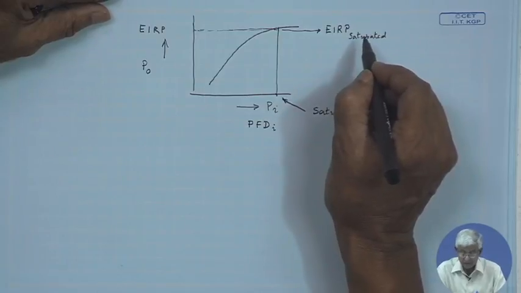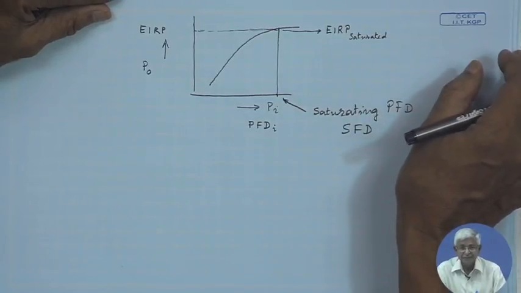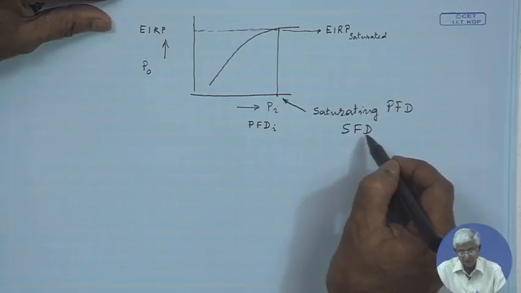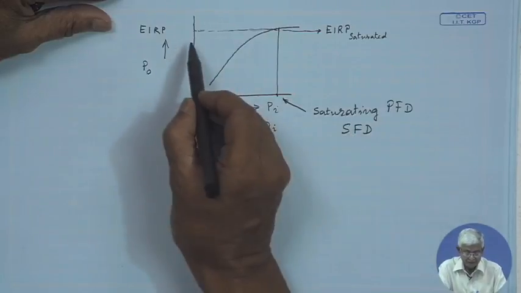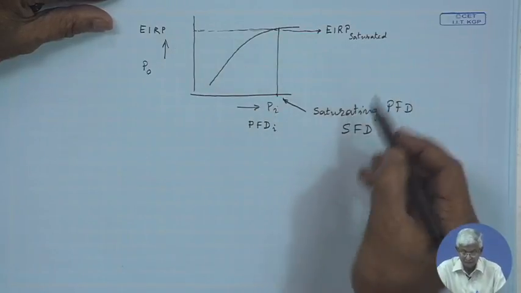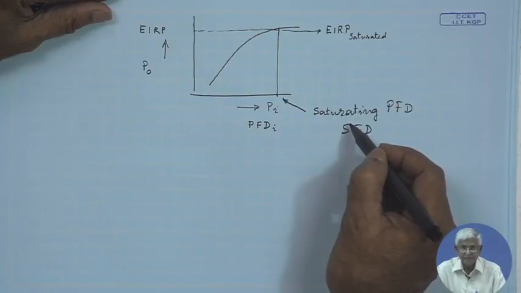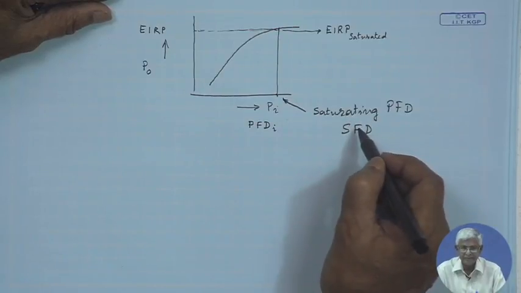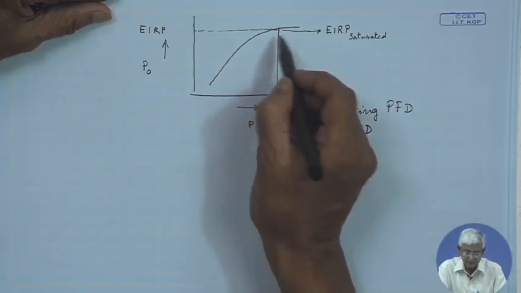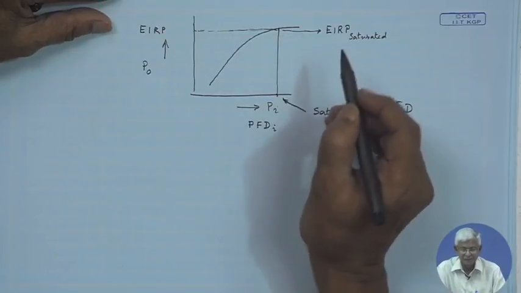Now, the spacecraft manufacturers, when they give the specification, they give it like this. For saturating SFD, that is saturating power flux density, you get a saturated EIRP value like this.